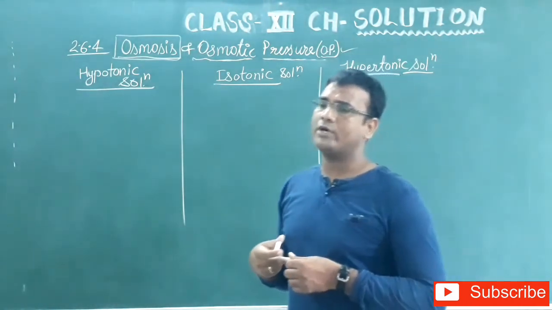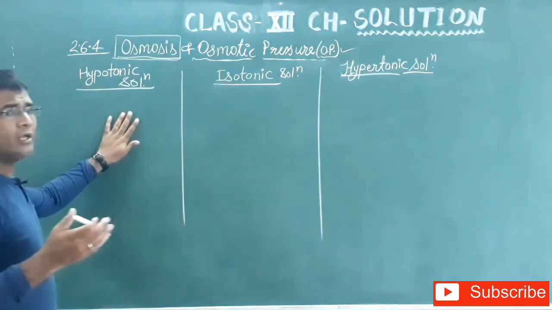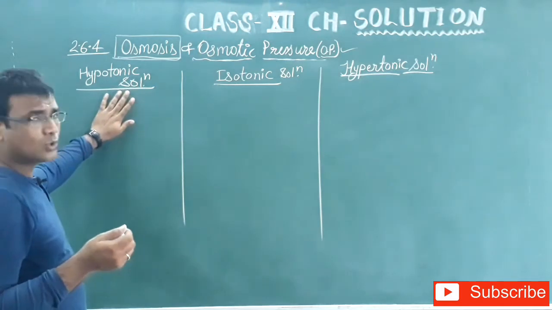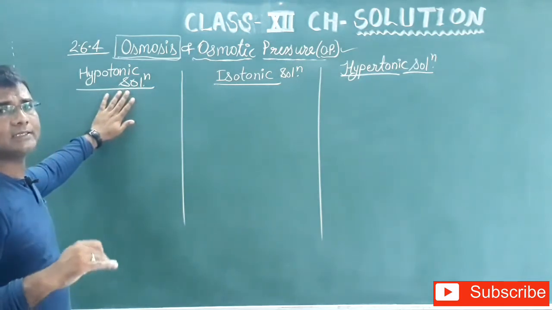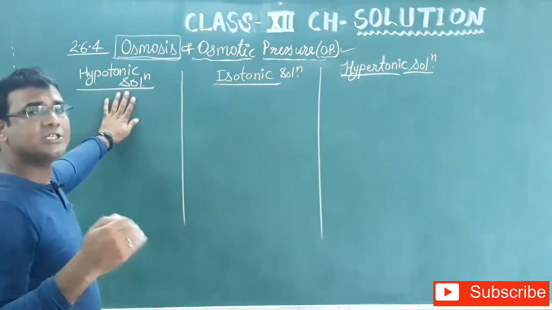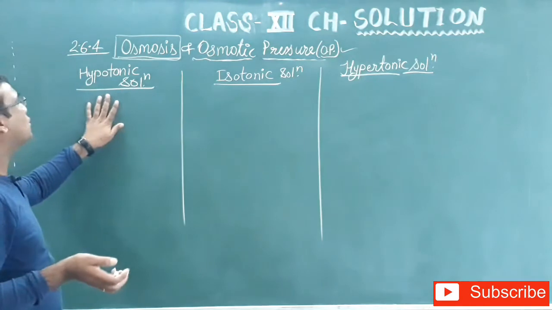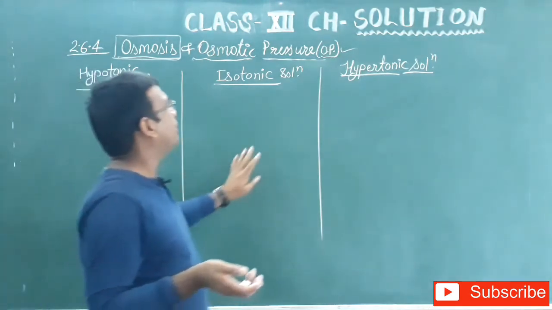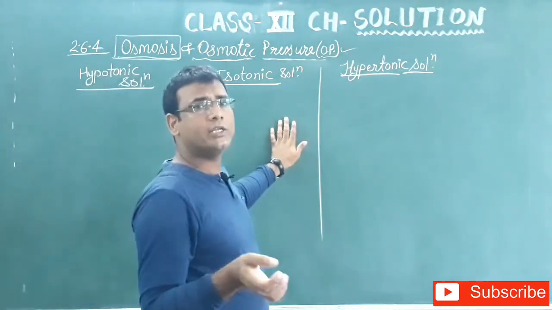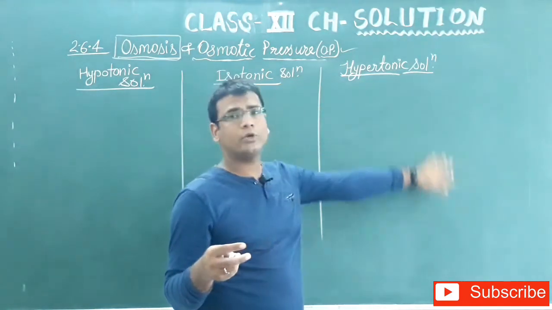Now what is a hypotonic solution? If the concentration of a solution is relatively low with respect to this one, then that is called a hypotonic solution. And if the concentration of the solution is relatively more, then it becomes a hypertonic solution.